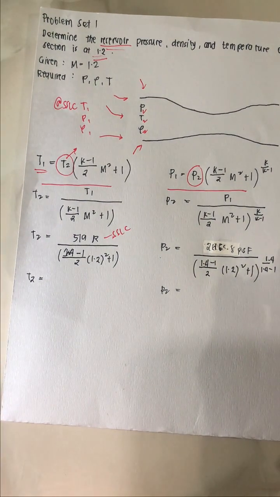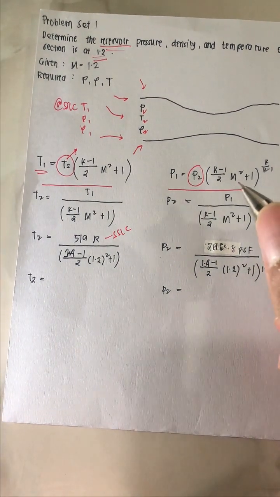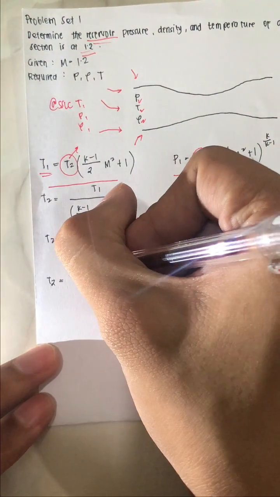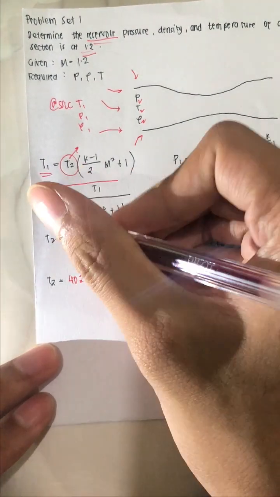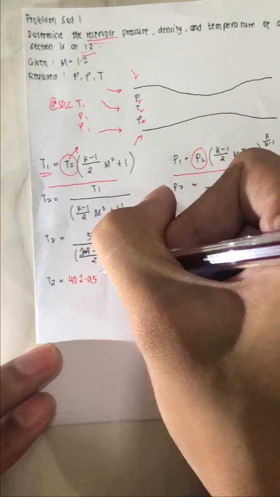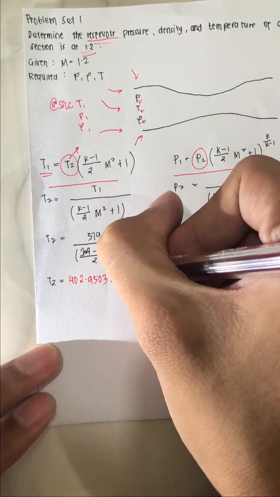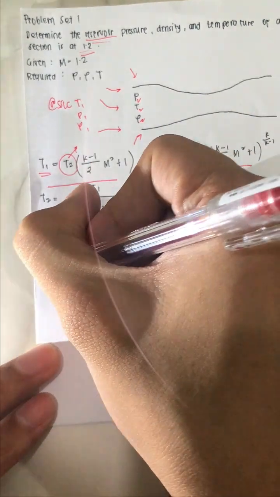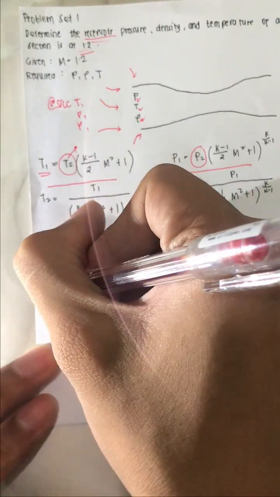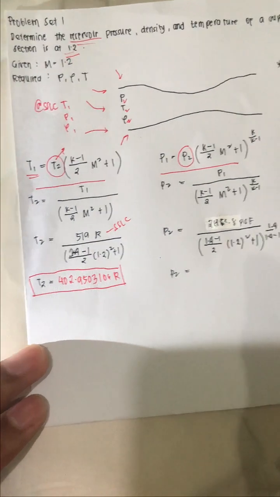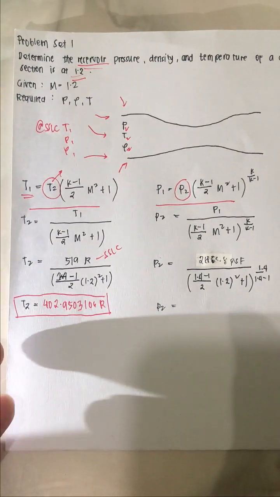So we will have a temperature of approximately 402.9503106 Rankine. That will be our temperature in the reservoir.